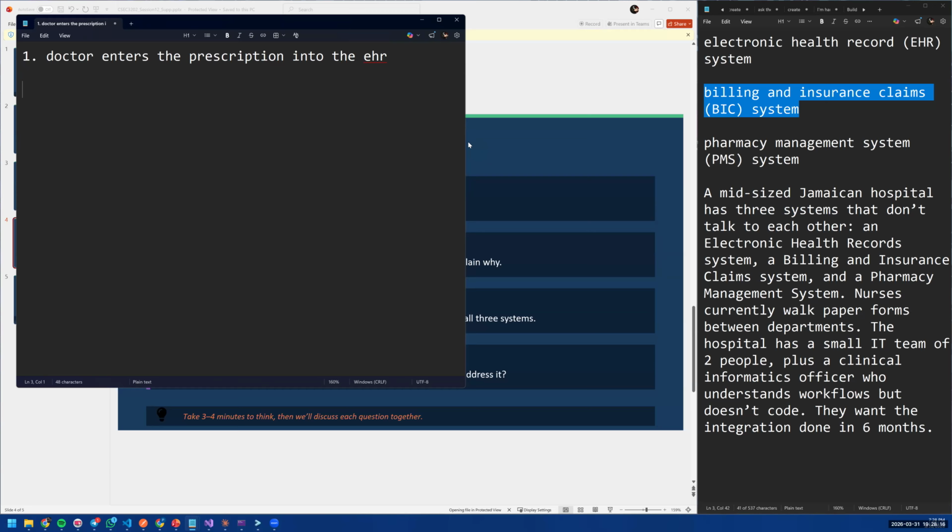Step two would be the business rules in this case would trigger if there is a controlled substance. So we'll have business rules, or not necessarily business rules, just configurations in general.